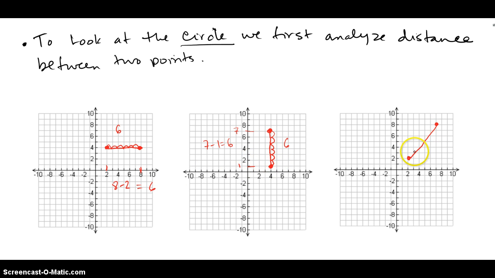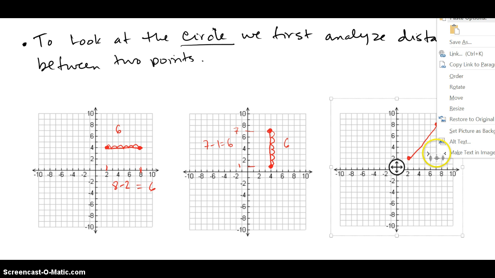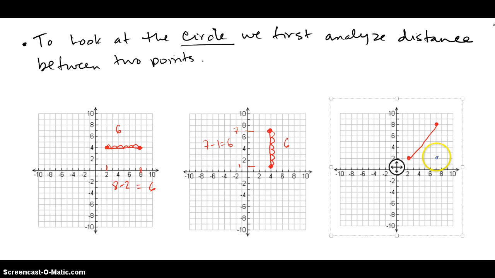Whereas if it's slanted like this, then I can't just go 1, 2, 3, 4, 5, 6 unless I have a ruler that measures by these units. So what do I do in this case to find the distance? I can find an imaginary point that makes a triangle, like let me put it there, for example.